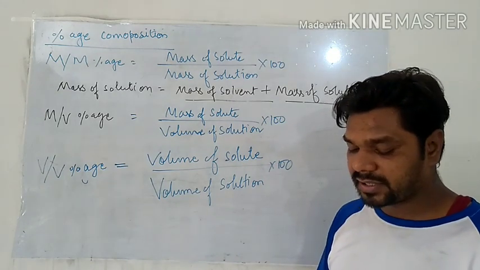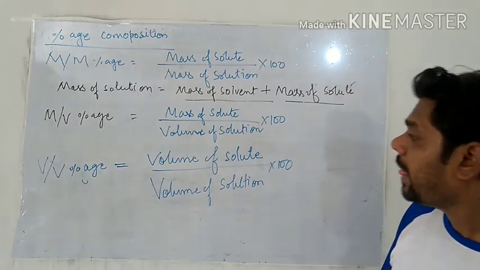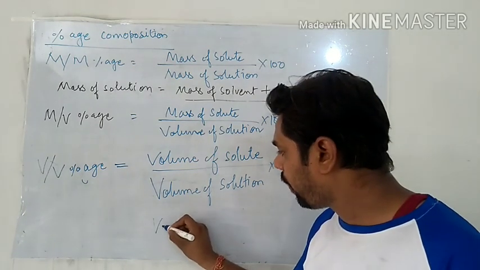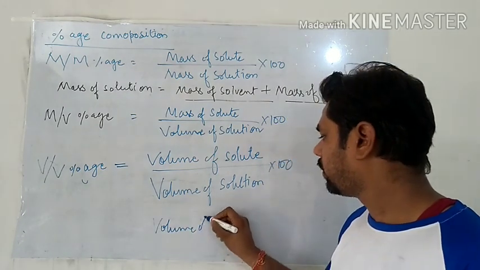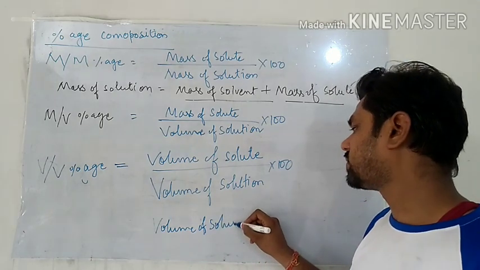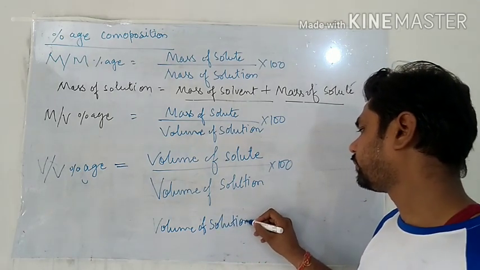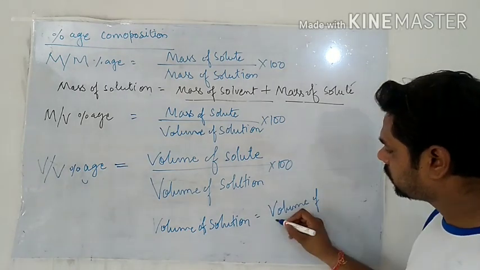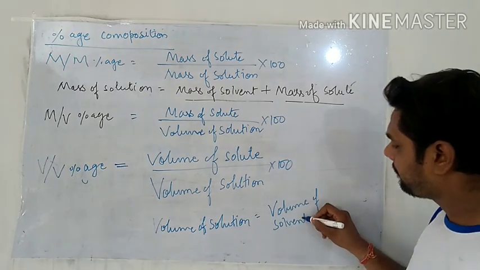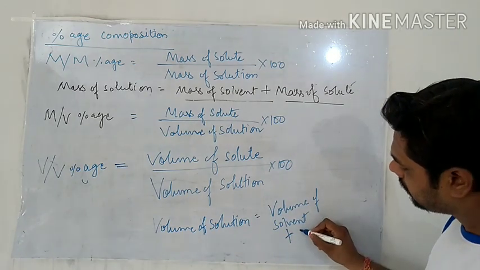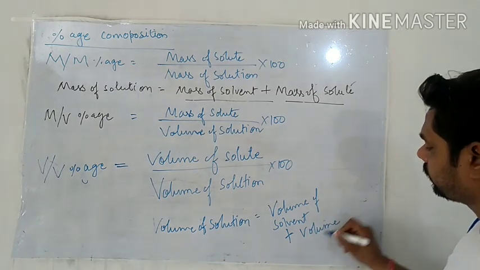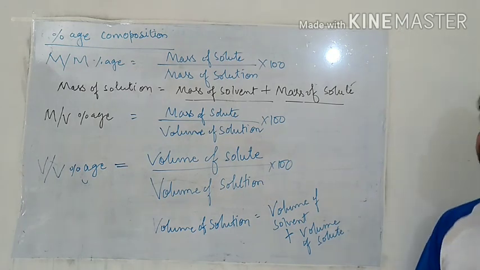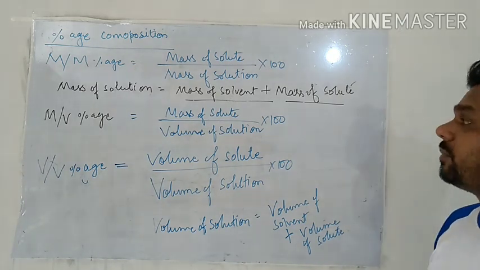Volume of solution will be equal to the sum of volume of solvent plus volume of solute. These are the formulas of the percentage composition.